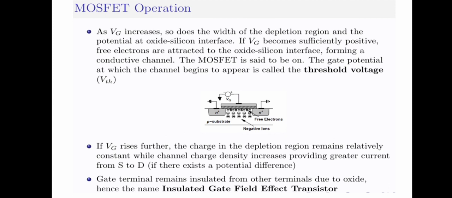The gate potential at which the channel begins to appear is known as the threshold voltage, represented as VTH. If VG increases to a further value, the charge in the depletion region remains relatively constant, while the channel charge density increases, providing greater current from source to drain terminal.